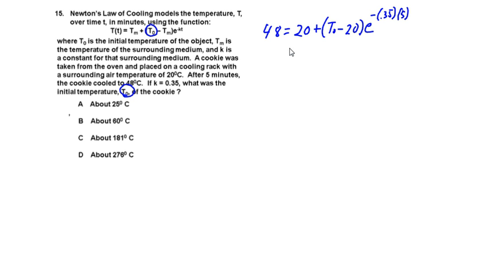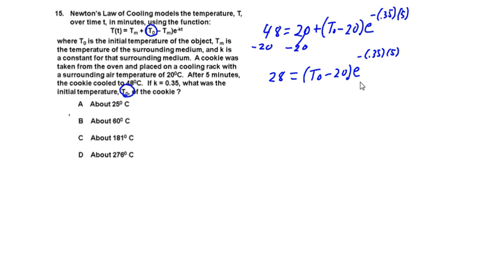So we're going to find the initial temperature by solving this equation. We can do this with a calculator pretty easily, but I'm going to work it out by hand first. On the left side, 48 minus 20 is 28, equals t sub 0 minus 20, times e to the negative 0.35 times 5.